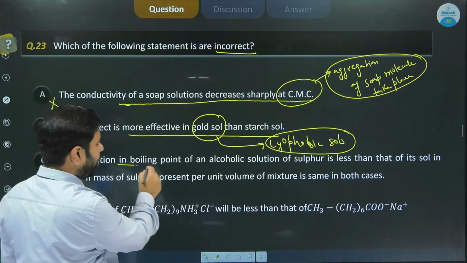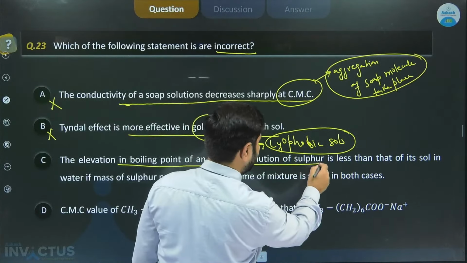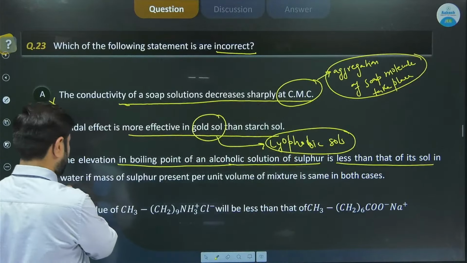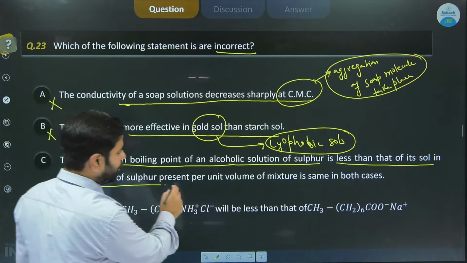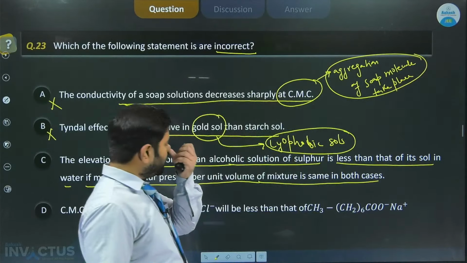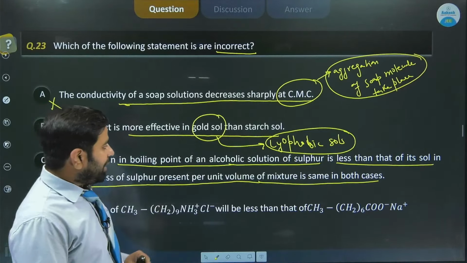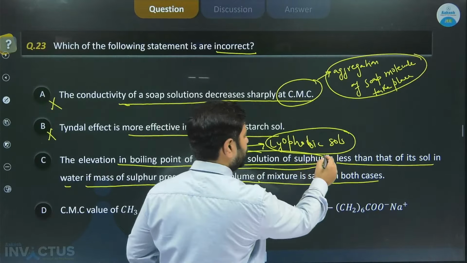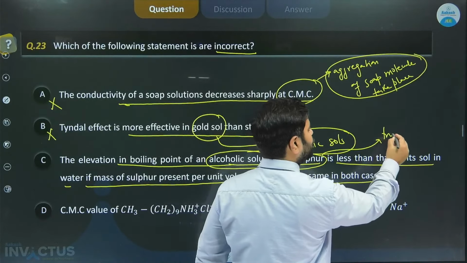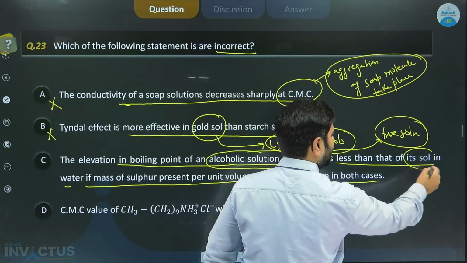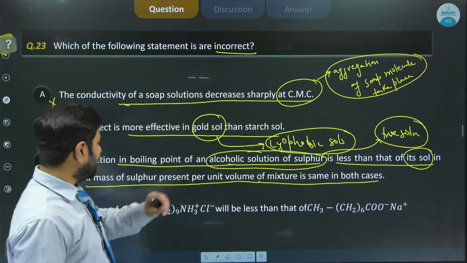The elevation in boiling point of an alcoholic solution of sulfur is less than that of its sol in water, if the mass of sulfur present per unit volume of the mixture is the same in both cases. We know that the alcoholic solution of sulfur would be a true solution, but in water sulfur forms a colloidal solution.